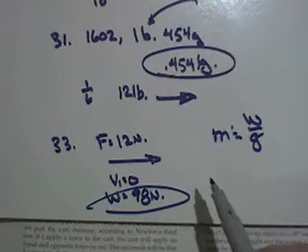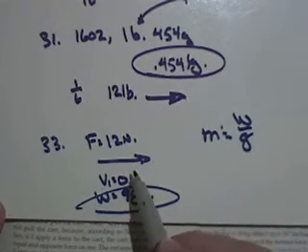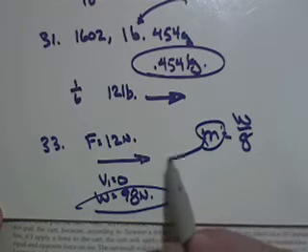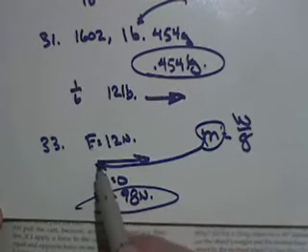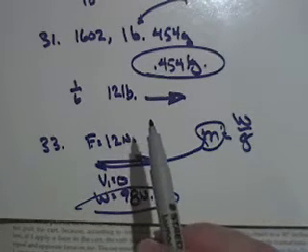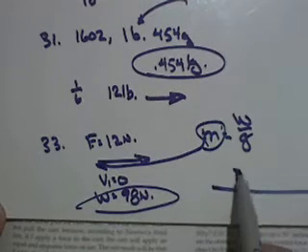Let's see. What is the magnitude of the acceleration of the object? So you find mass from this statement. You plug it in. Now we've got force and mass. You find acceleration. What would be the acceleration of the same object in a similar situation on the moon? Well, on the moon, what would be different?